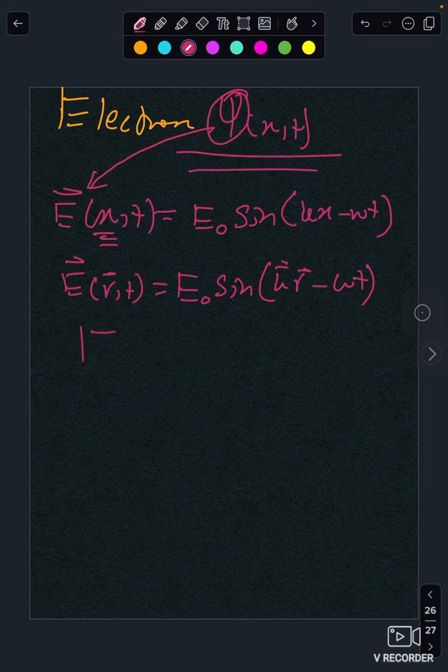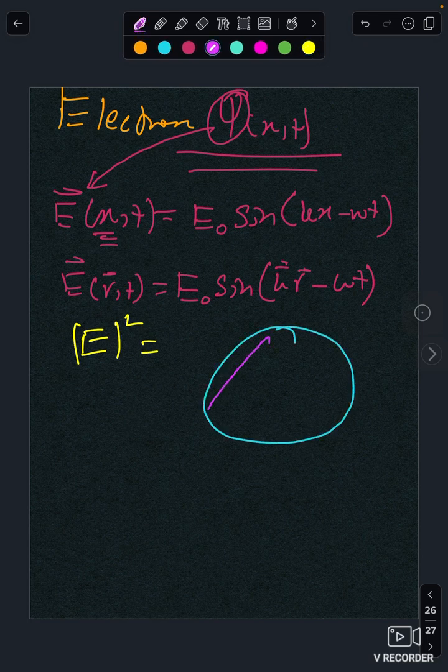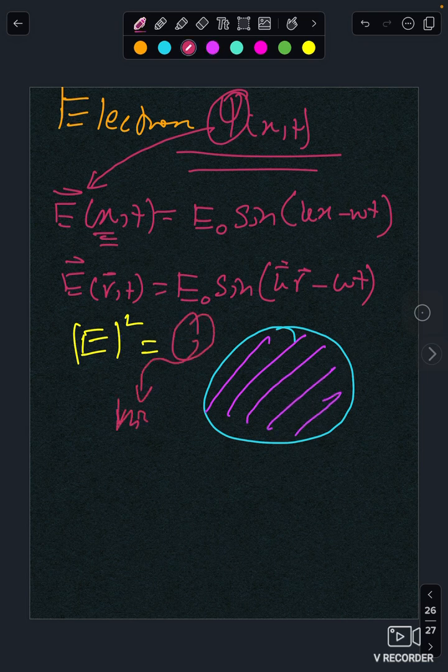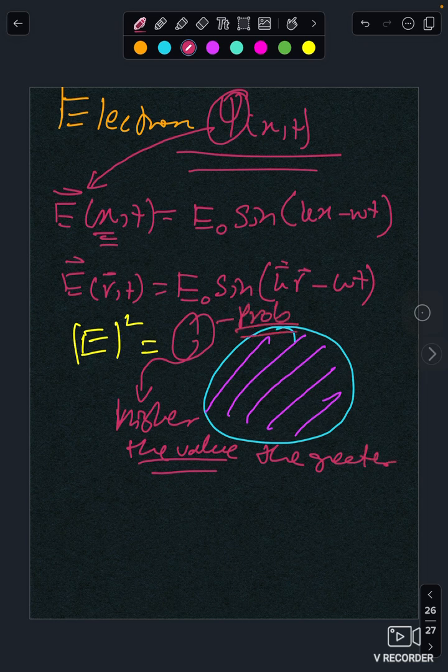This shows that in a certain area, in a certain field, the higher the value of this, the greater the density. Again, probability takes place because quantum mechanics is all about probability. We're not saying it will be there, just that it maybe is. So again, probability is taking place.